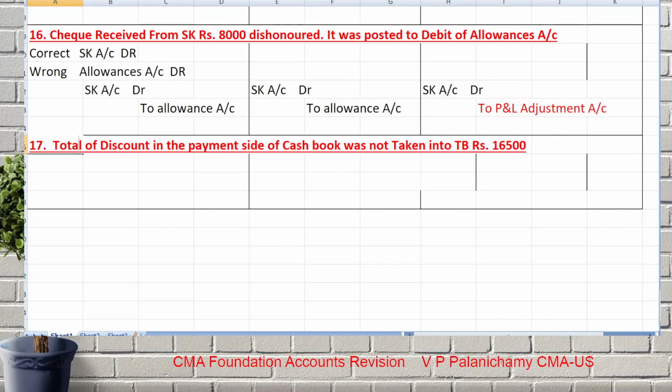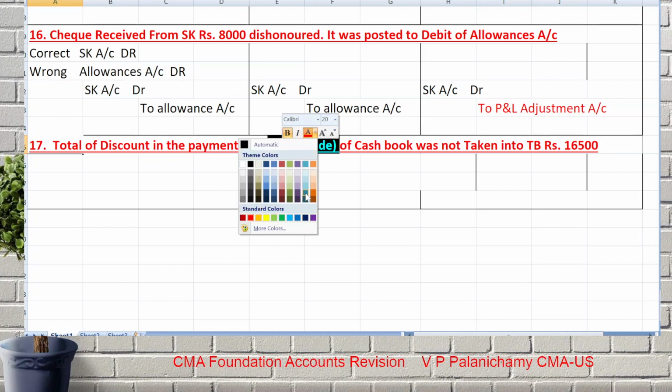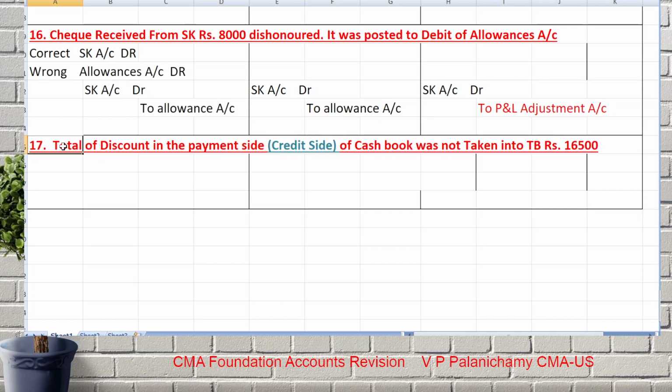Which side is the payment side? Credit side. In the cash account, all that goes out is credit. So payments will be on the credit side. So total of discount in the payment side of cash book was not recorded in the trial balance at all.